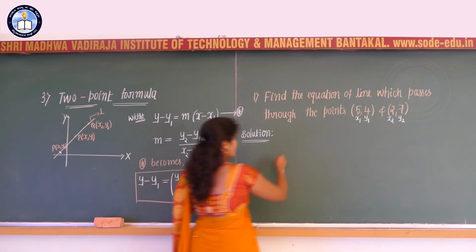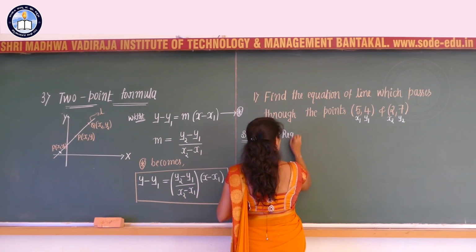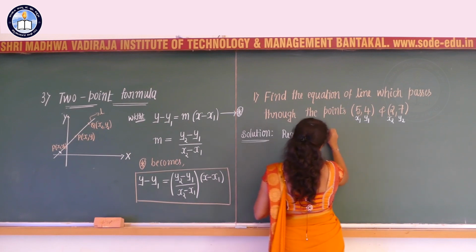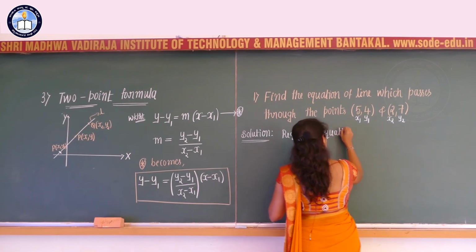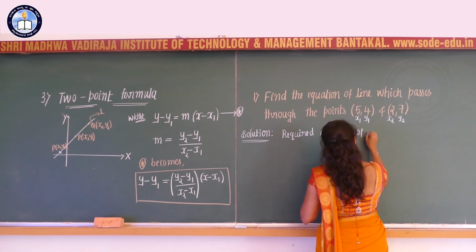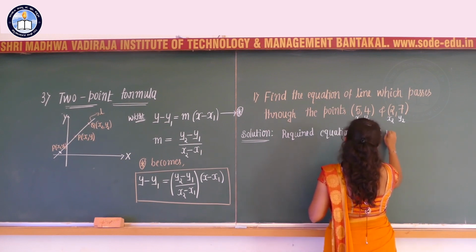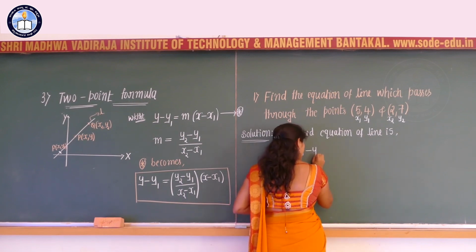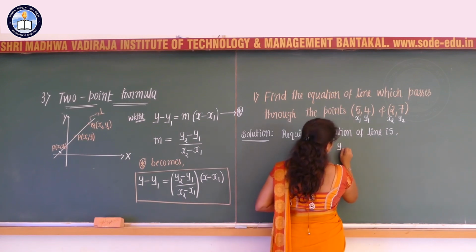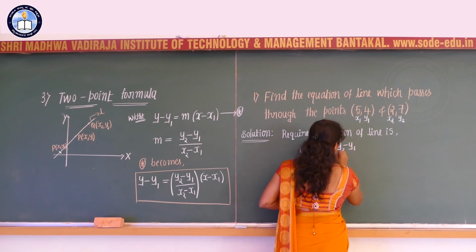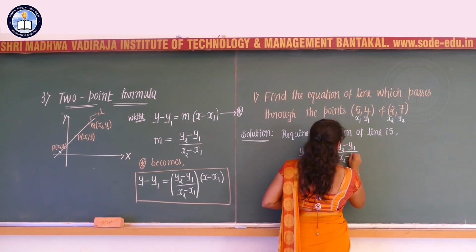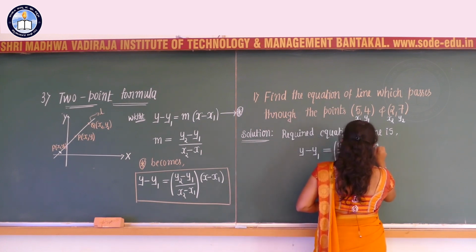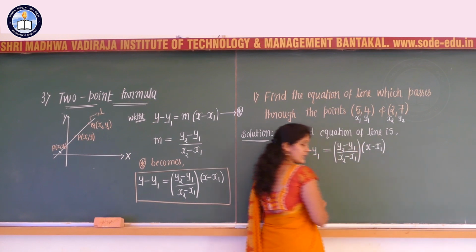The required equation of the line is given by y minus y1 is equal to y2 minus y1 divided by x2 minus x1 into x minus x1.